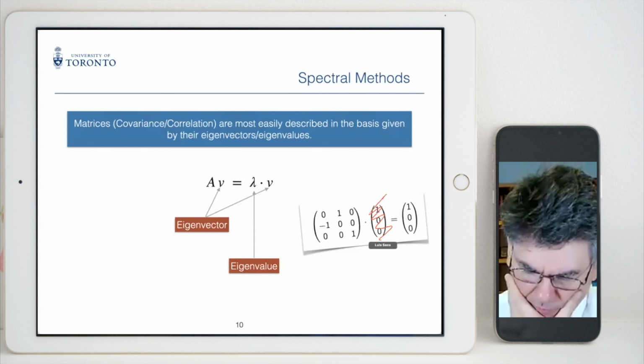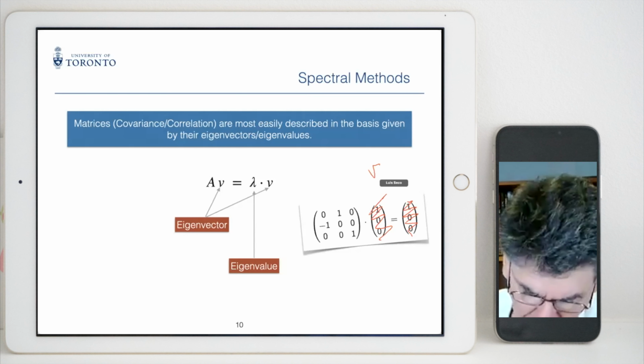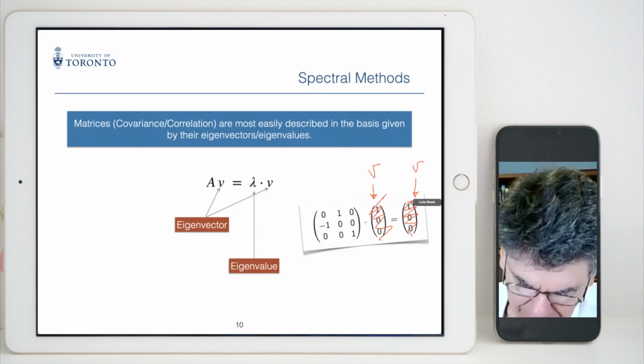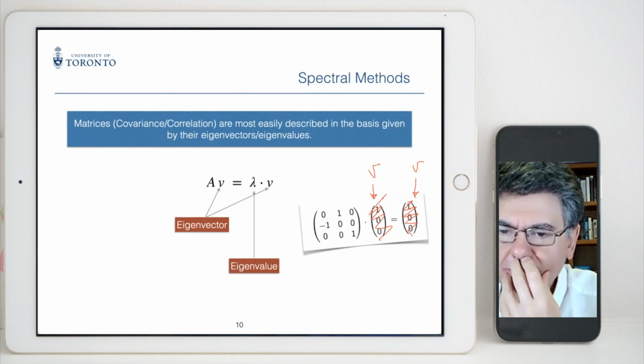And now I'm going to ask you, what is it? What vector do I write here so that the same vector shows up here? Which one is it?